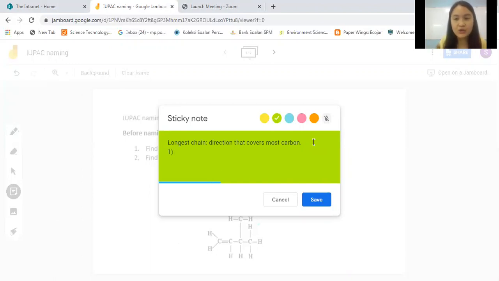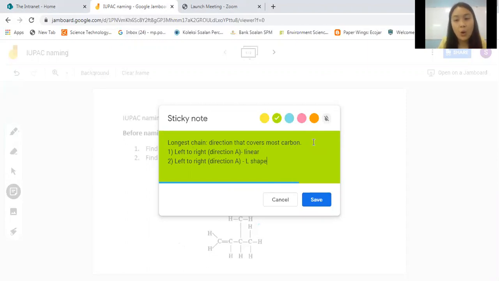Number one, you can try to read your molecule from left to right. I will name it as direction A, easier for me to discuss later. You can do it from left to right in a linear form, or another option is direction A, left to right, and you try to read it in L shape.